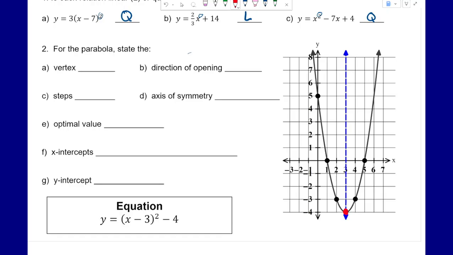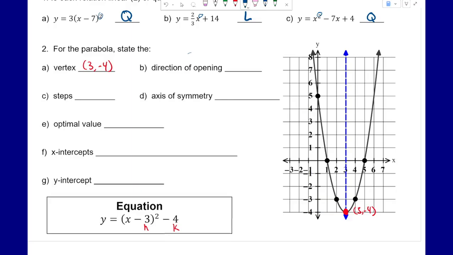I can see it's the lowest point in this case, and the coordinates are 3, x first, and then minus 4. So my vertex is, oh sorry, not minus 3, plus 3, minus 4. And I could get that from the equation because the equation is in vertex form. So I do know that h and k is my vertex.